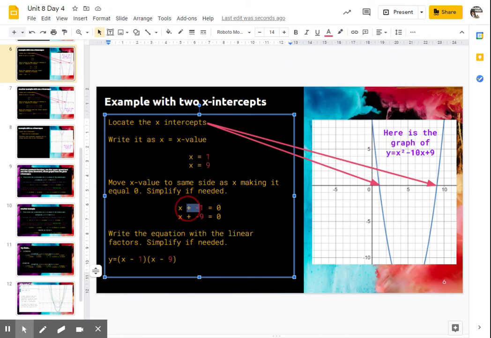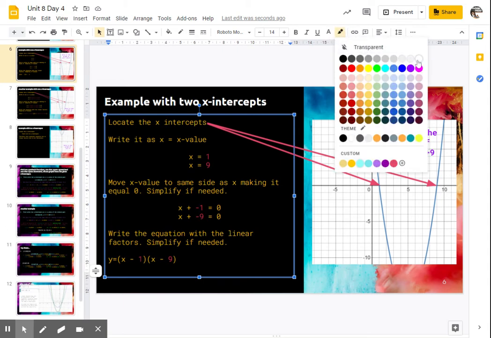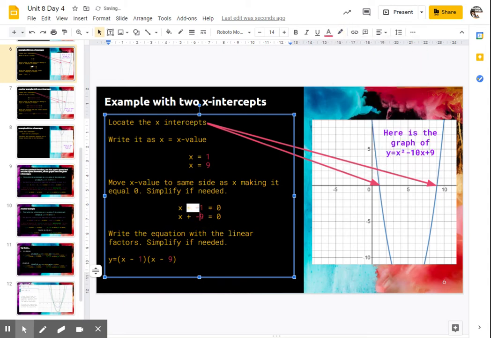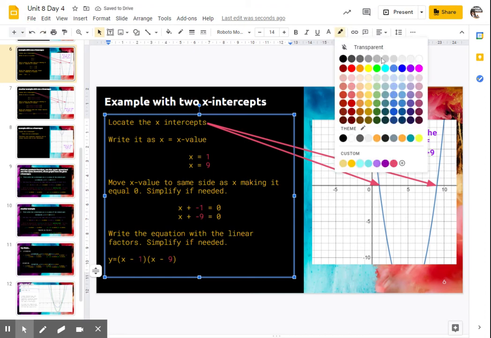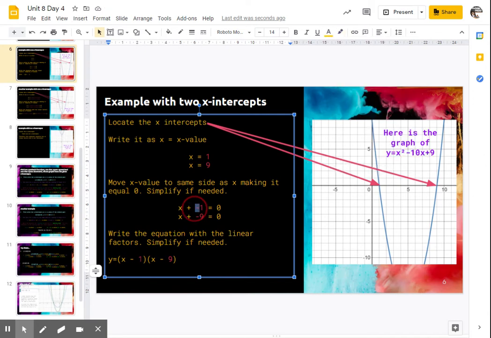All right, these two are the ones that are going to be simplified. Still not a good color. All right, so those two are the ones that became a minus.